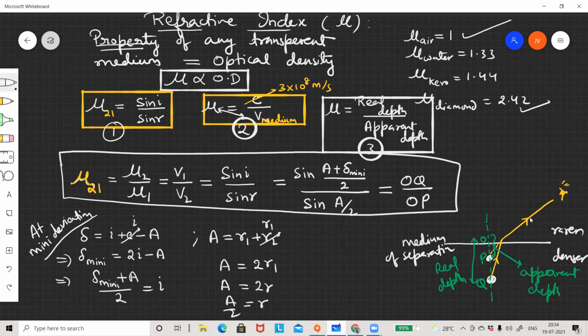At minimum deviation, the angle of incidence and angle of emergence become equal, and the two angles of refraction become equal, and then we will get A is equal to twice R. So right now you can have one common formula, because when we go there, we can't come back here. That's why I kept one formula. Then I'll come back to this and write the same points then also.